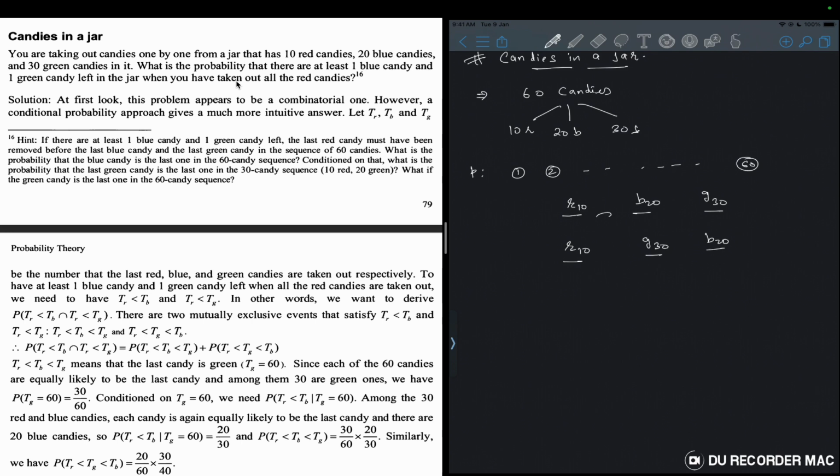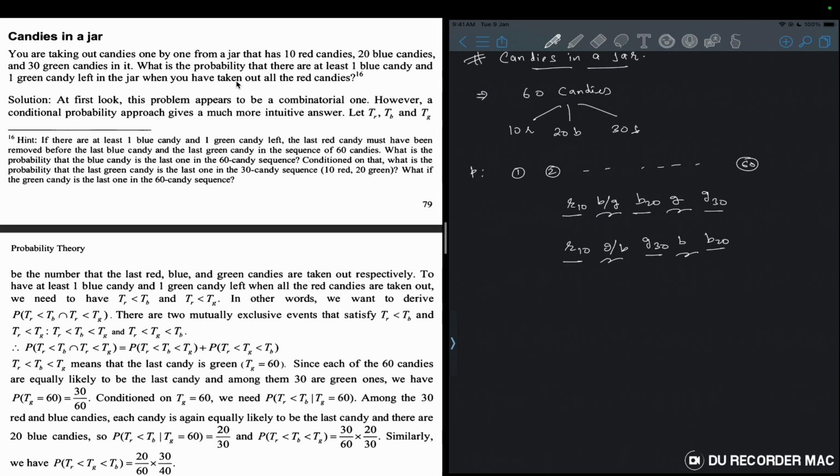What appears in between is of very little significance to us. For example, once the last red candy has been picked, only blue or green candy can appear. Here, since all red and blue are over, only green can appear. Similarly, here only blue can appear, and here green and blue both can appear.